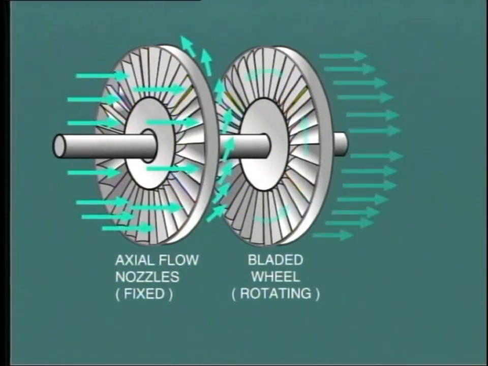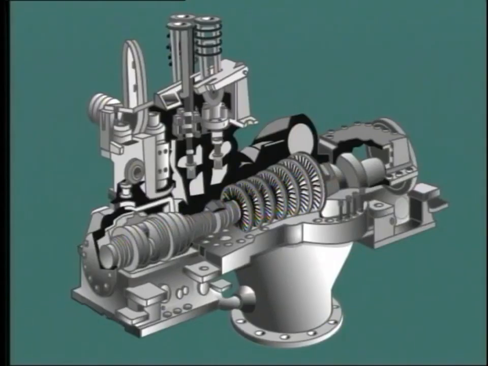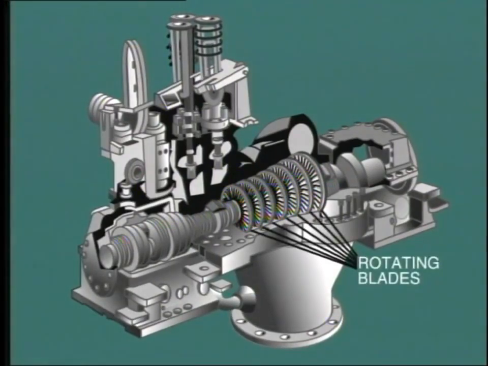As the steam passes through the moving blades, it causes the disc to which they are attached to rotate, and consequently the shaft rotates. Each pair of stationary and associated moving blades are known as one stage. Most steam turbines contain many stages of blading. In this example of a single cylinder machine shown here, we have 7 stages.